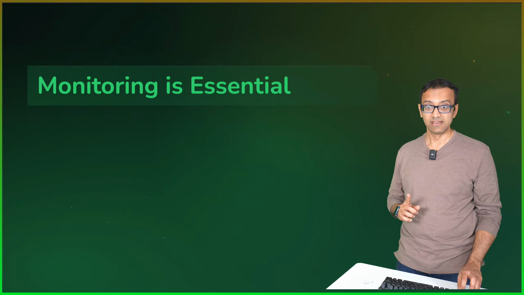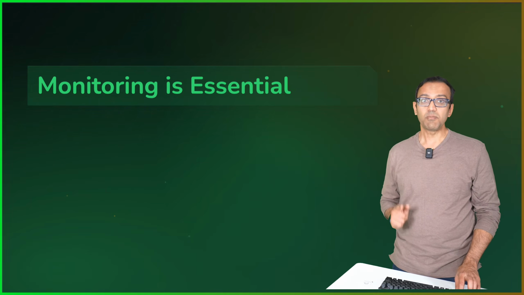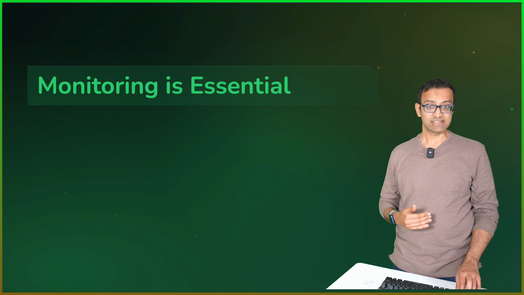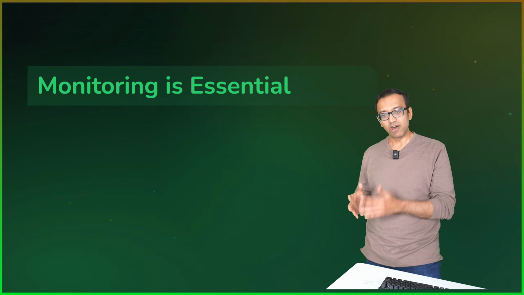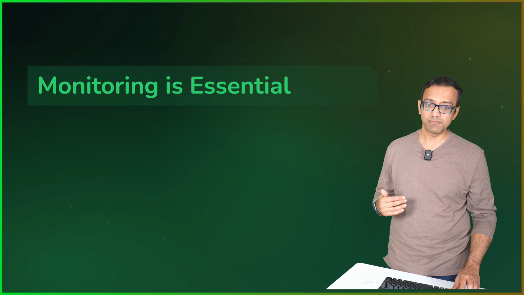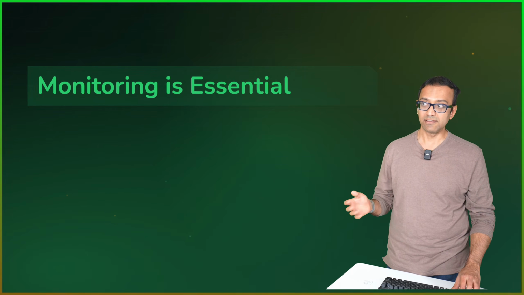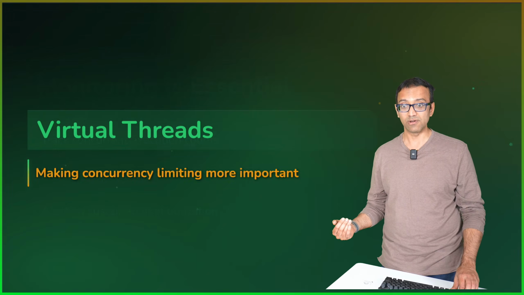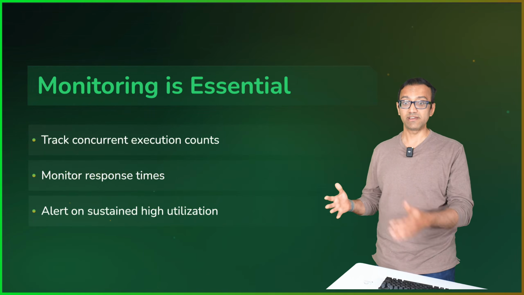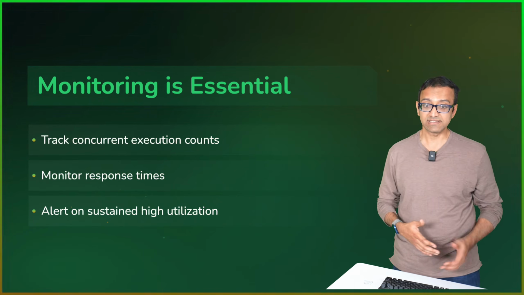That's the first thing. And you also have to monitor, because blocking is silent. It doesn't manifest anything. So you have to monitor and see how many permits are being fully utilized, and whether the response time increases, which indicates the concurrency limit might be too low, or it might be fine. When there is high utilization, you need to alert.